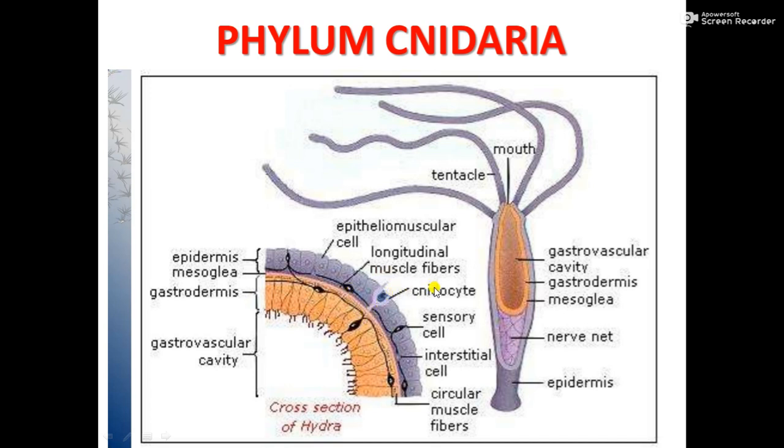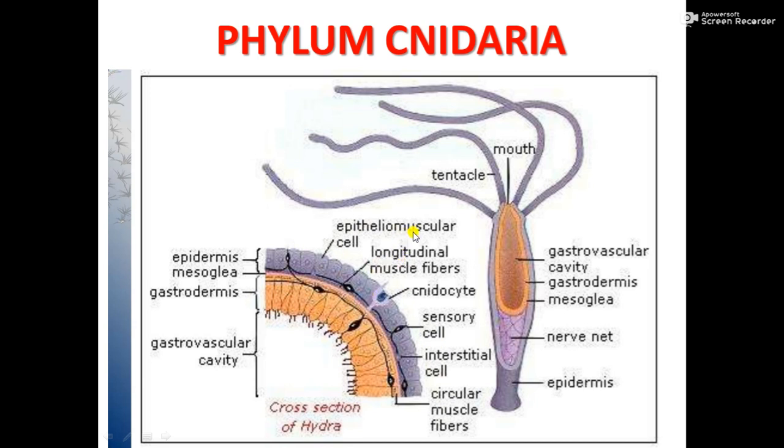This is the cnidocyte, and some sensory cells, a nerve net is there for sensing. Then some interstitial cells are there, then circular muscle fibers. So the outer layer is epidermis, then gastrodermis and the gastrovascular cavity. These are the layers, and these are the specialized structures to do specific functions.